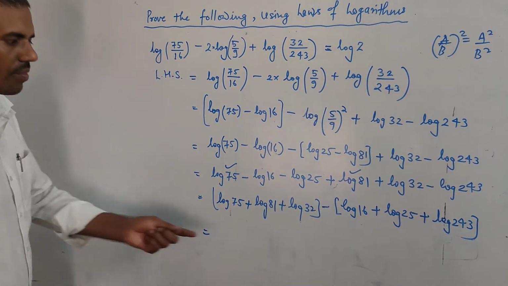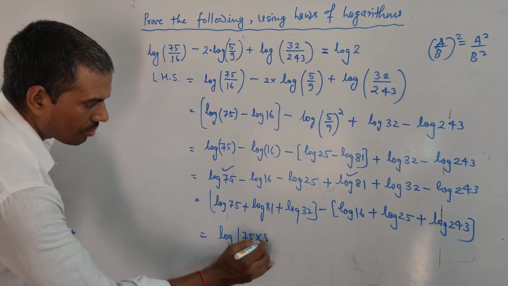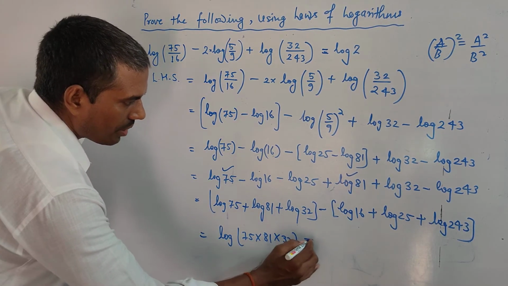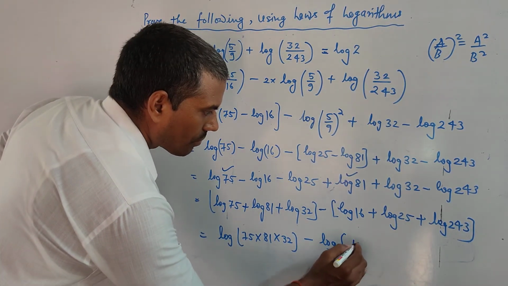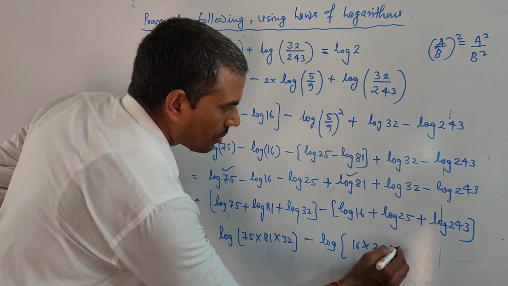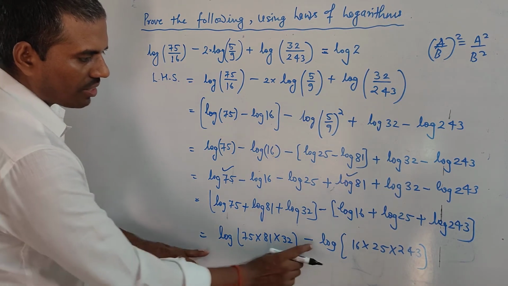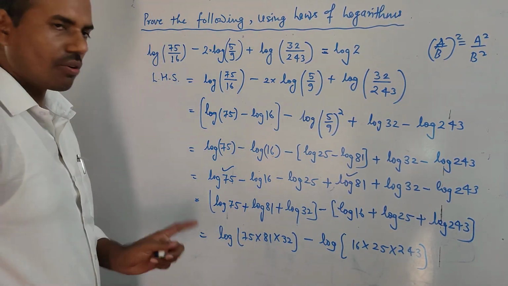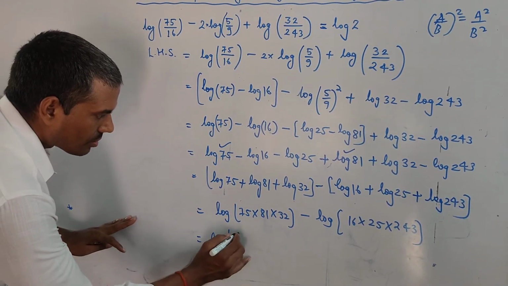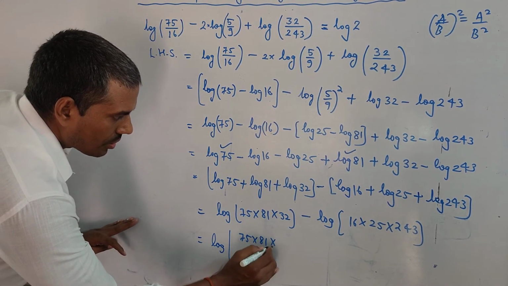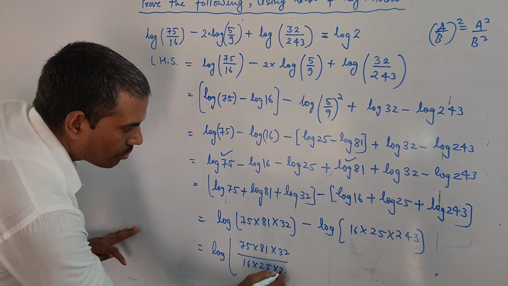And this is equal to, using the law of product, log of 75 into 81 into 32 minus, using the law of product, log of 16 into 25 into 243. And this becomes log of m minus log of n, which is the law of quotient. We get log of 75 into 81 into 32 upon 16 into 25 into 243.